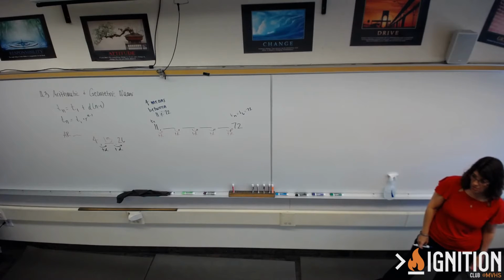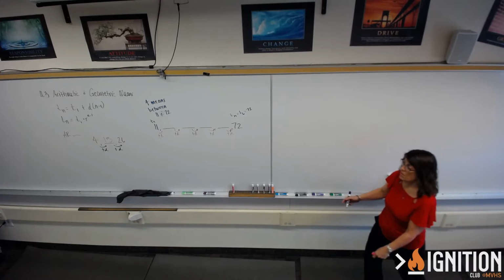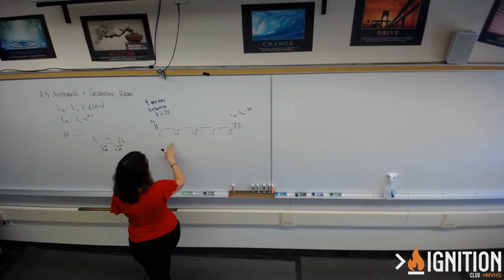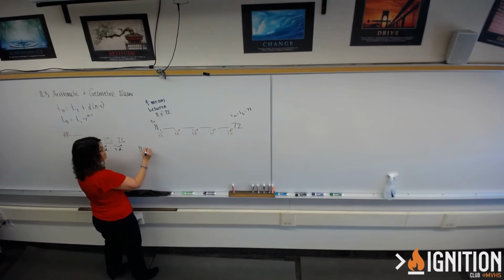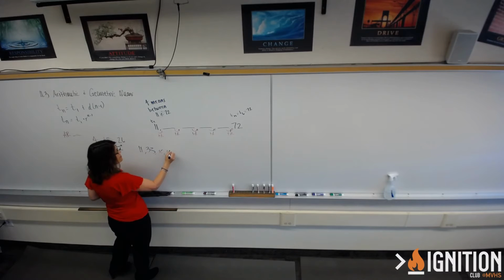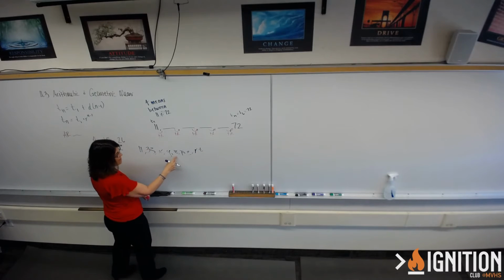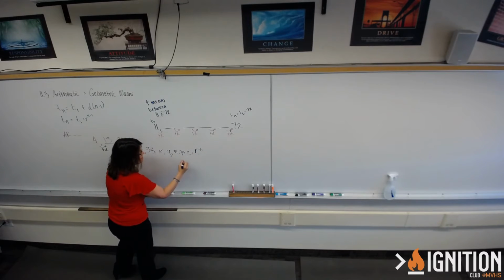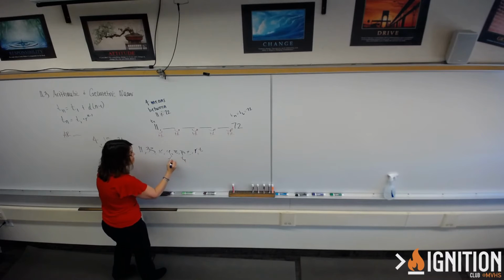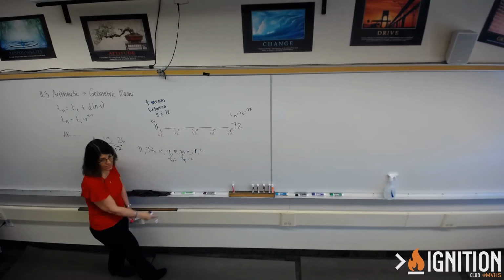But like for the second term, I don't know what the second term is yet. I'm going to figure it out. But if I gave you 11, 30, whatever, I'm just making this up, X, Y, Z, P, Q, R, whatever, T, 1, 2, 3, 4, 5, 6, 7, 8, 9. So T sub 9. So the nth term for this particular sequence is the 9th term, which is T.